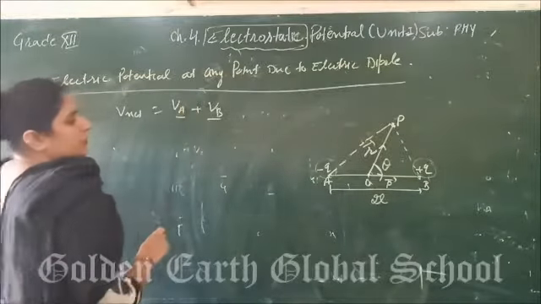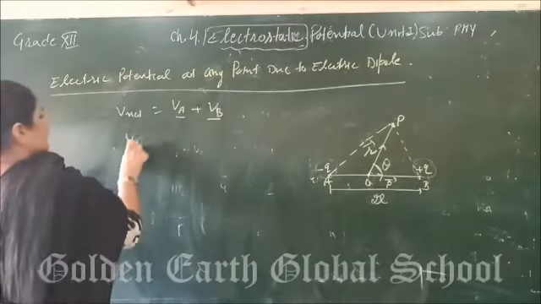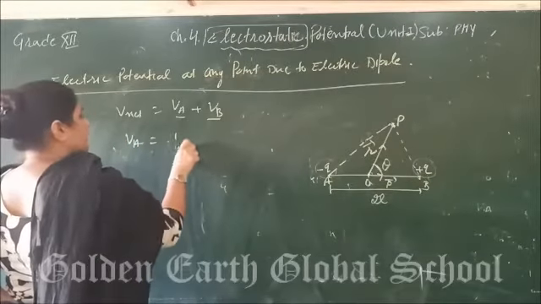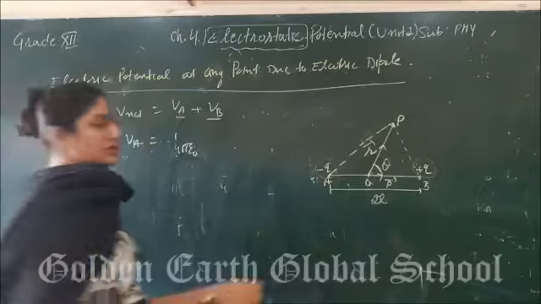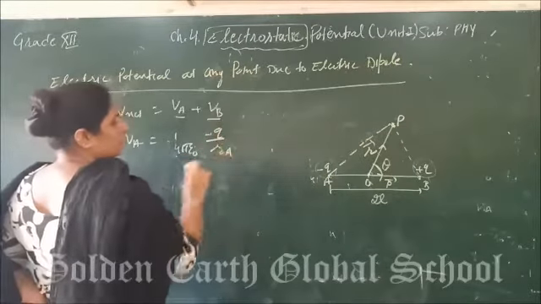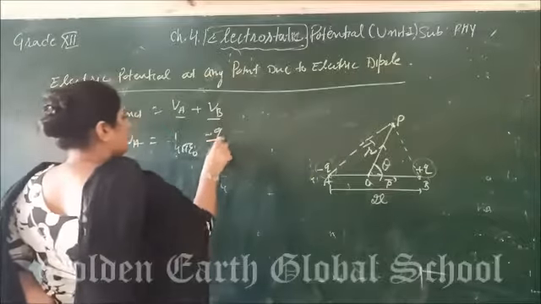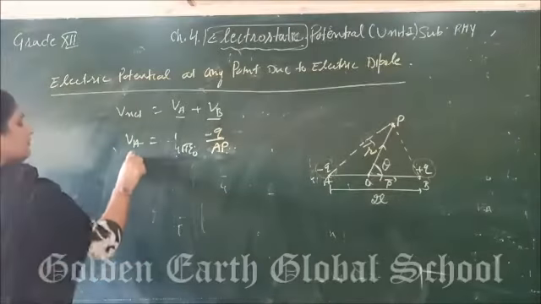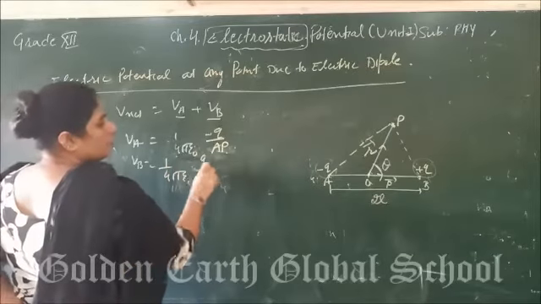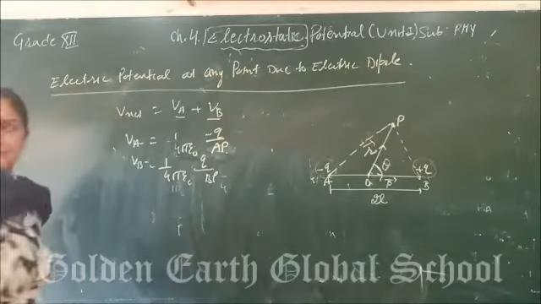Now VA and VB. What is the value of VA? It will be equal to 1 by 4 pi epsilon naught charge, that is minus q, upon AP, and VB will be equal to 1 by 4 pi epsilon naught q upon BP.